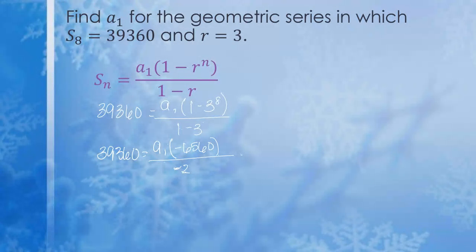I'm going to multiply the negative 2 by the 39,360 to get that out of the way. Get negative 78,720 equals A1 times negative 6560. Now I'm going to divide the 78,720 by the 6560, and I get 12. So my first term of this series is 12.